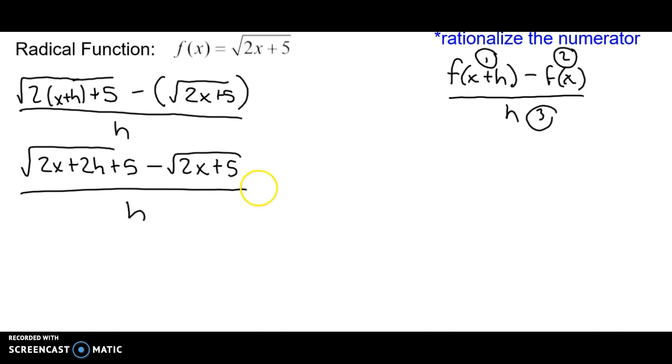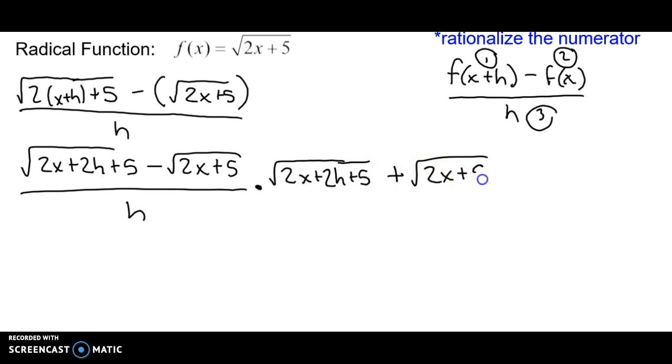I'm rationalizing the numerator, which means I'm going to multiply the numerator by the opposite of my sign, which is a negative. So I'm going to multiply it by the square root of 2x plus 2h plus 5 plus the square root of 2x plus 5.